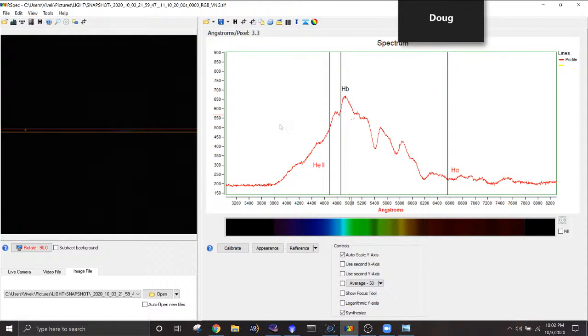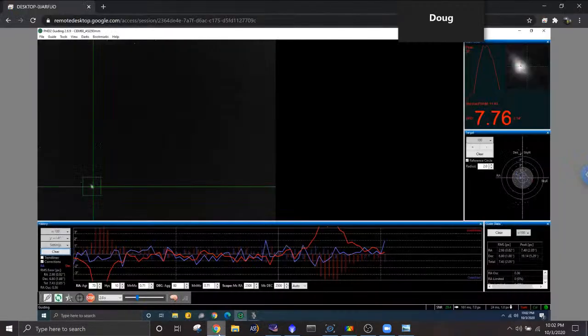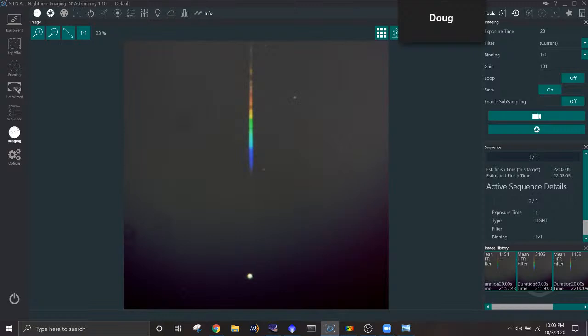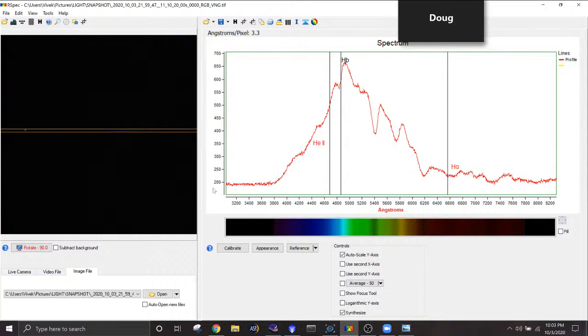Methane is abundant in the solar system, especially the outer solar system. I think that concludes spectroscopy for tonight.